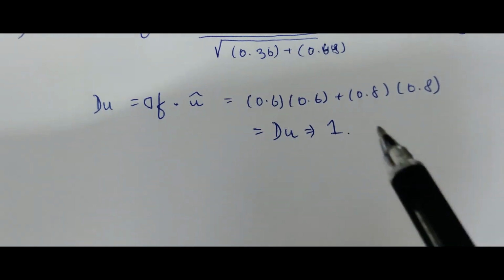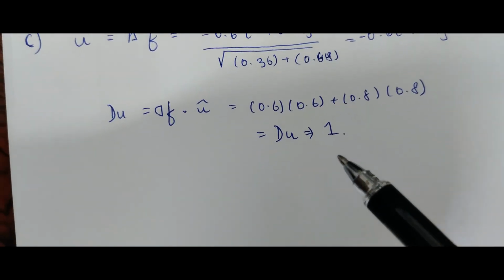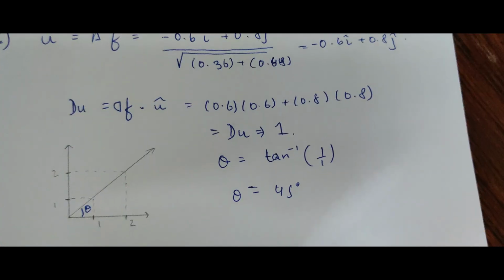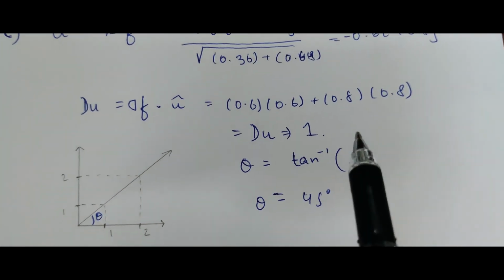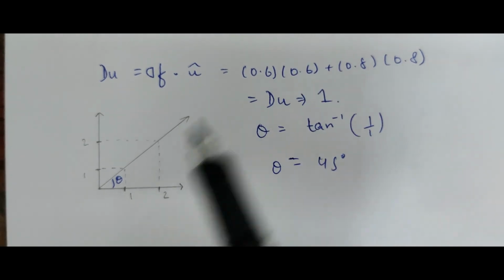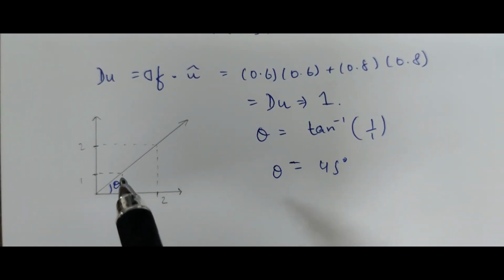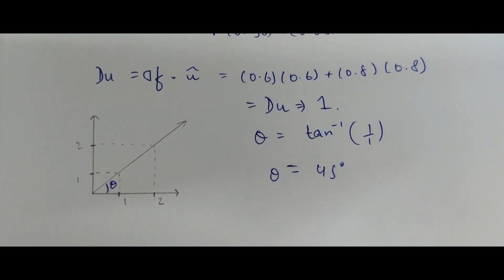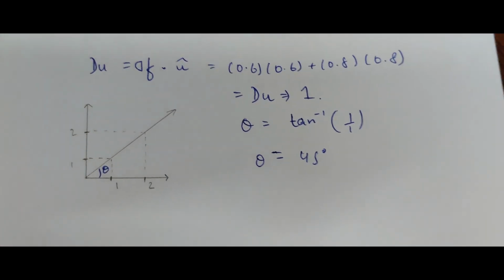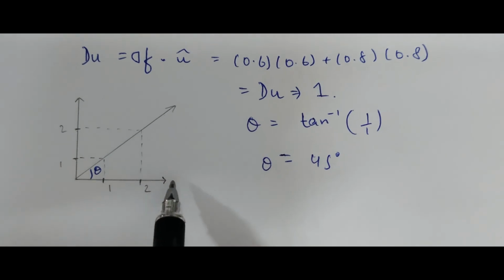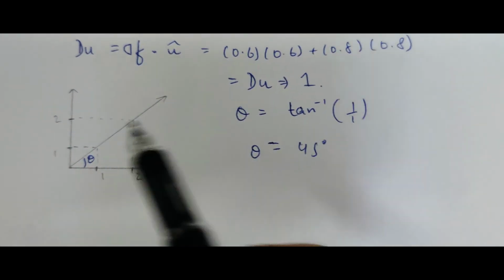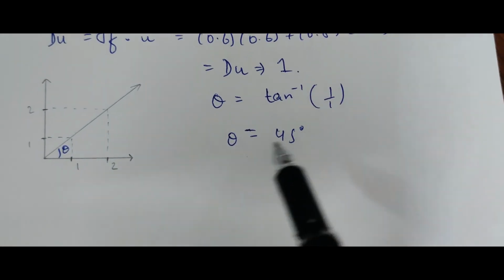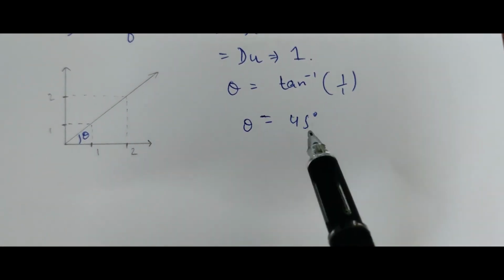We know that as Du is positive, we will be ascending the hill. To calculate the angle above the horizontal, we take theta to be tan inverse of 1, which gives theta equal to 45 degrees.